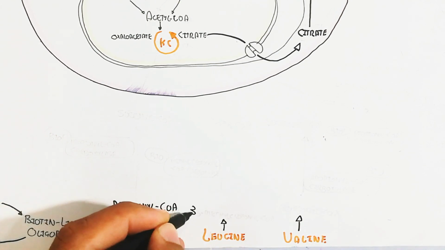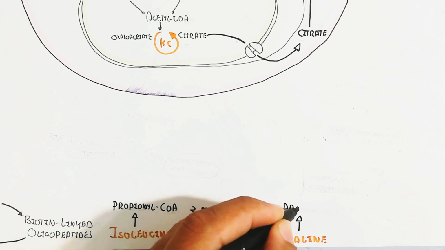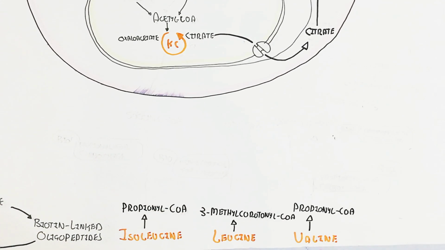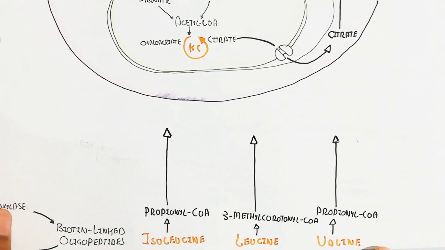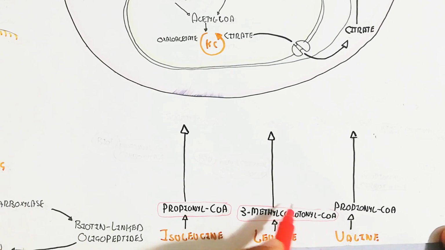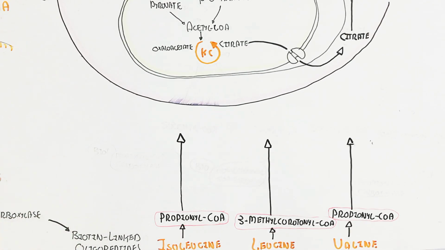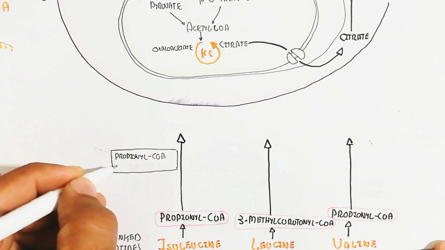These are the protein amino acids isoleucine, leucine, and valine. Isoleucine converts with the reaction to produce propionyl CoA, leucine produces 3-methyl crotonyl CoA, and valine produces propionyl CoA.